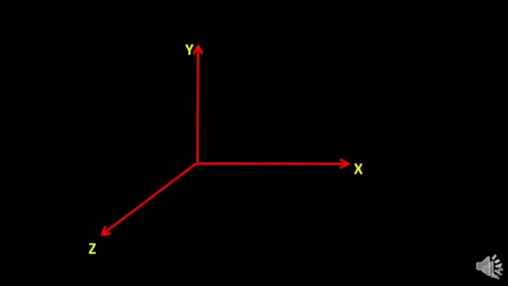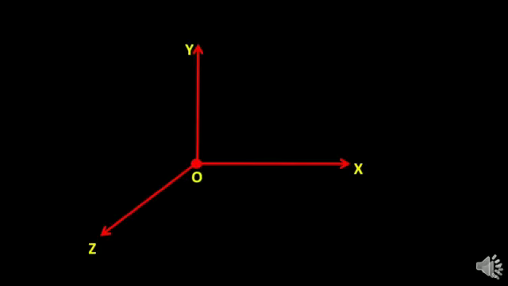To specify the position of an object, we use three mutually perpendicular lines labeled as x, y, and z axis. The point of intersection of these coordinate axes is called origin.